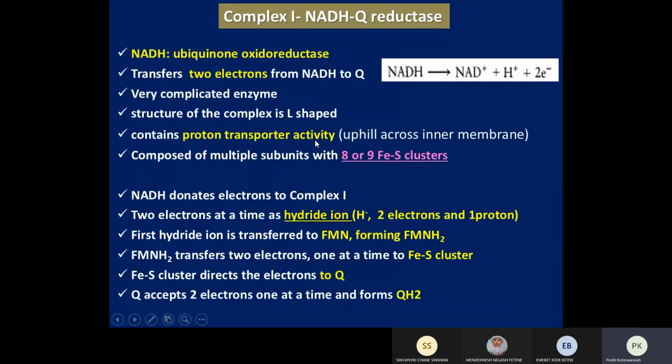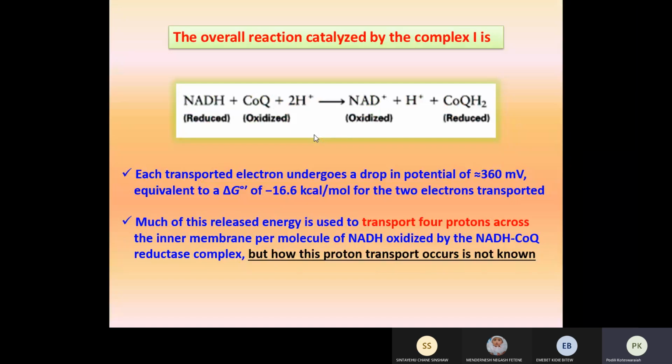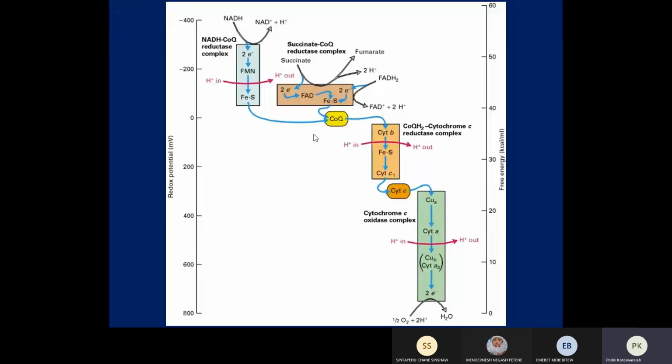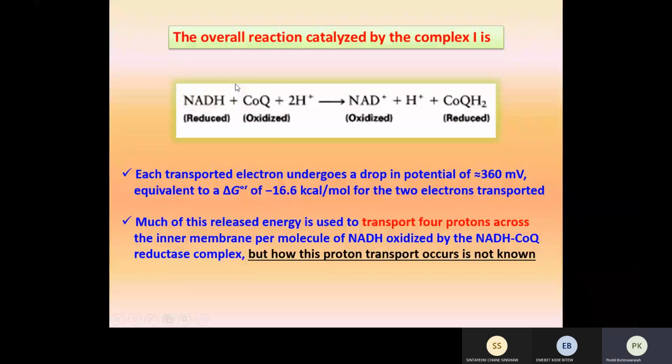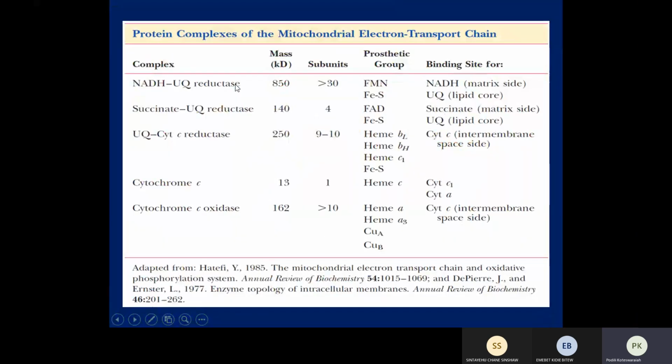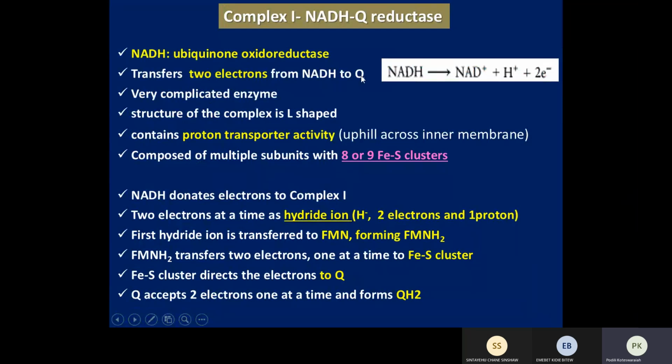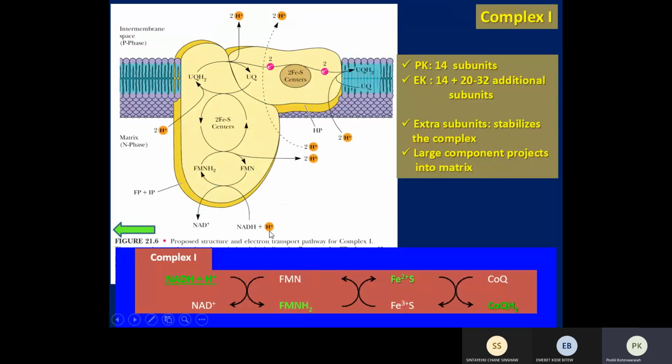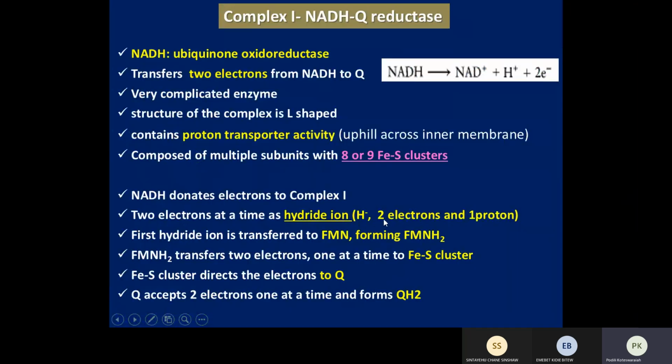If you see the detailed previous diagram that I showed, at complex 1 first the high energy reducing equivalent NADH donates its electrons to complex 1, and during this process 2 electrons are donated in the form of a hydride ion.